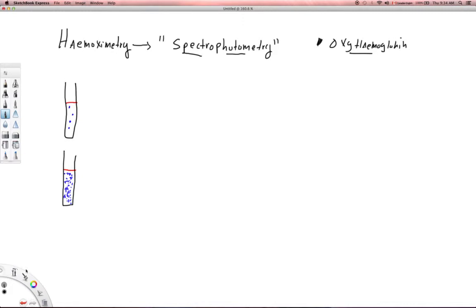So let's assume that we have found a wavelength of light that is pretty well absorbed by oxyhemoglobin. What I can do is have a source of light, and we're going to say it's the same wavelength and the same intensity up here as it is down here.